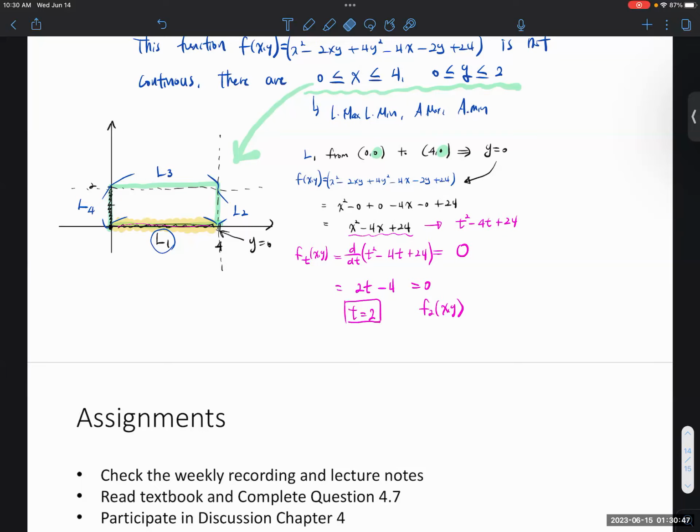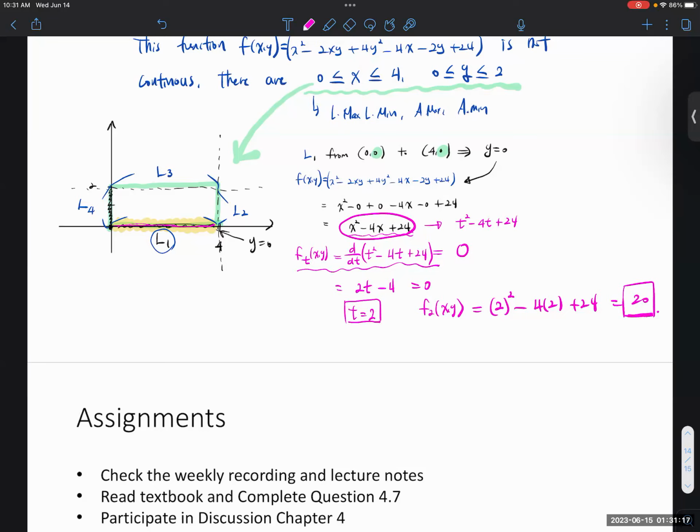So here we have this equation, right? You're going to plug in t equal to 2 into here. Sorry about that. So 2 squared, minus 4 times 2, plus 24. So this is 20. We don't know what the function looks like, but when y equal to 0 and when t equal to 2, this function has a value of 20.